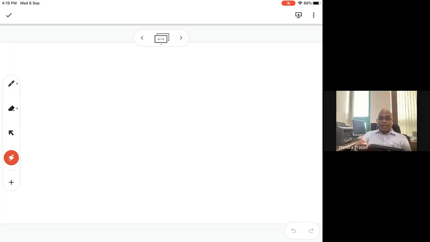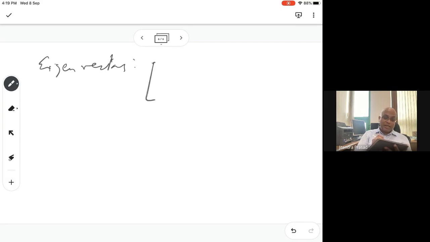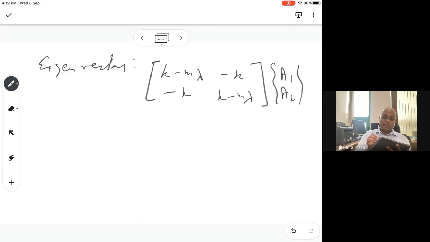So here eigenvectors means eigenvectors. Remember we had a1 and a2. So we had this matrix, k minus m lambda, minus k, minus k, k minus m lambda, and then a1 a2 is equal to 0 0, right?